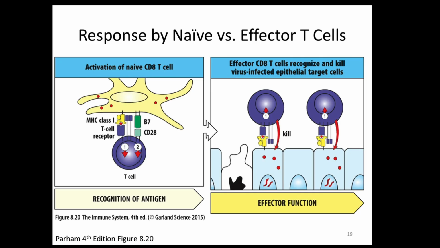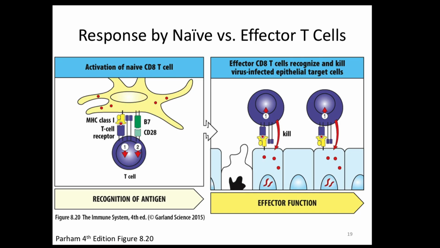So if you wanted to give a signal to a naive T cell, you need signal 1 and signal 2. If you want to give a TCR signal to an activated T cell, you only need signal 1. So there's one difference between a naive and an effector T cell.